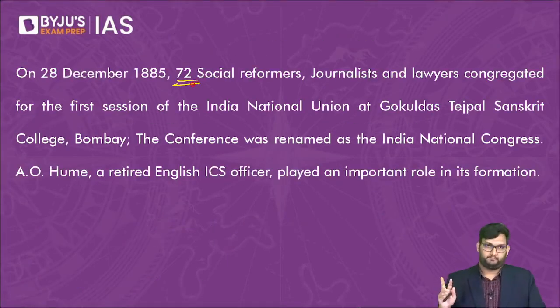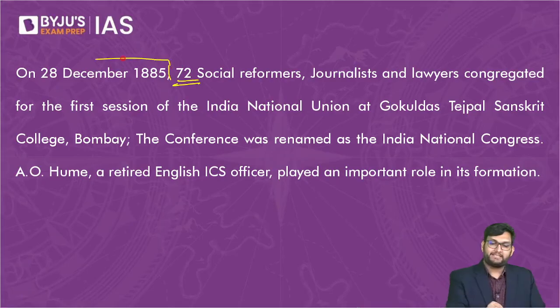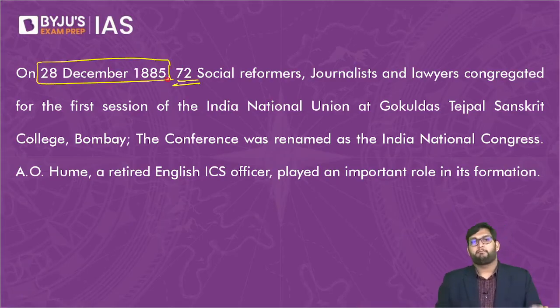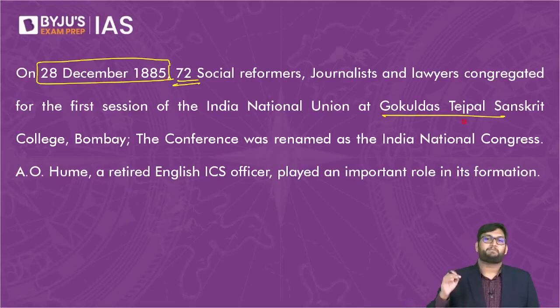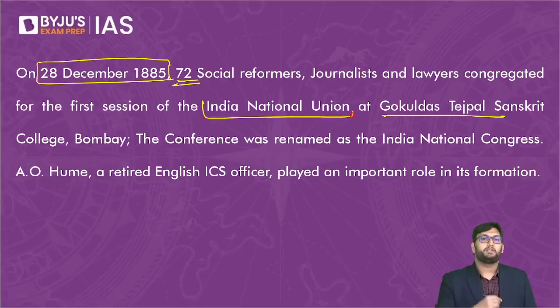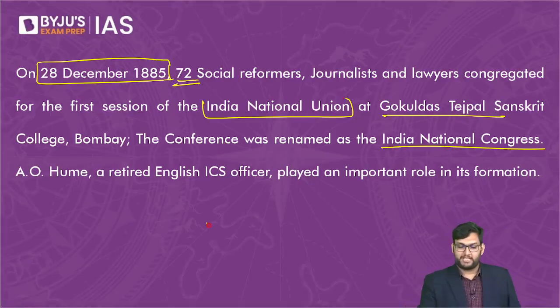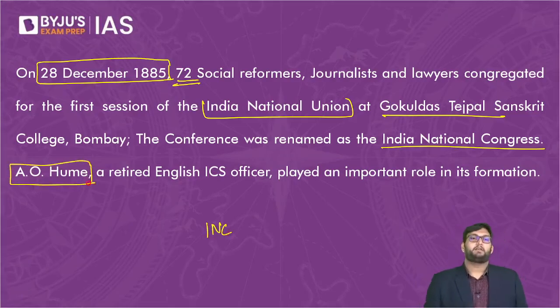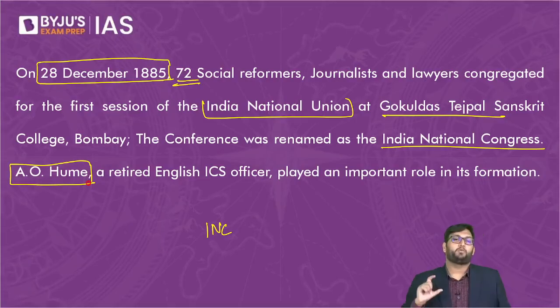72 people, mostly social reformers, journalists and lawyers, met on 28 December 1885 at the Gokuldas Tejpal Sanskrit College in Bombay under the banner of the Indian National Union, and by the time they came out, they changed it to Indian National Congress, the INC. But there was one person sitting there, a retired ICS officer, A.O. Hume, and he is considered a very important personality in the formation of the INC itself.